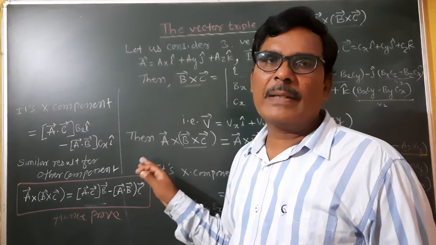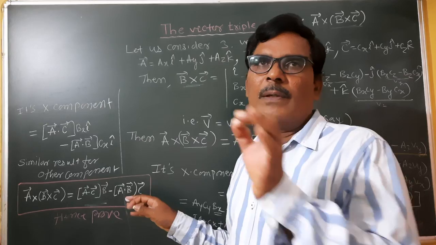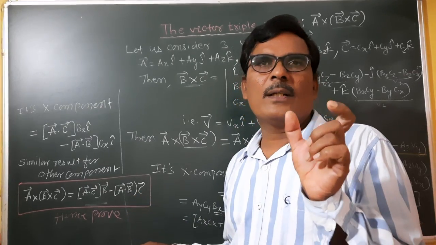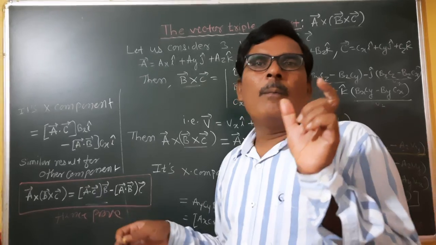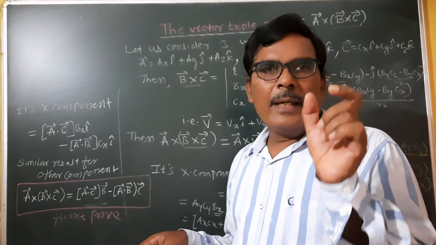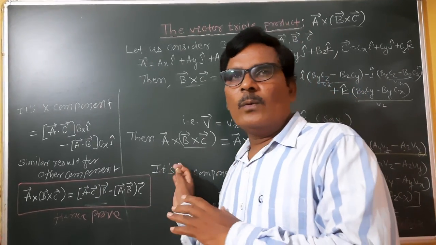A multiple choice question may be asked on that. A bar cross B bar cross C bar is equal to what? A bar dot C bar into B bar minus A bar dot B bar into C bar.